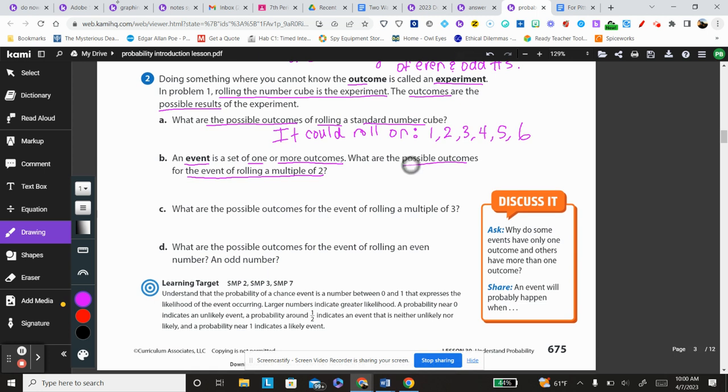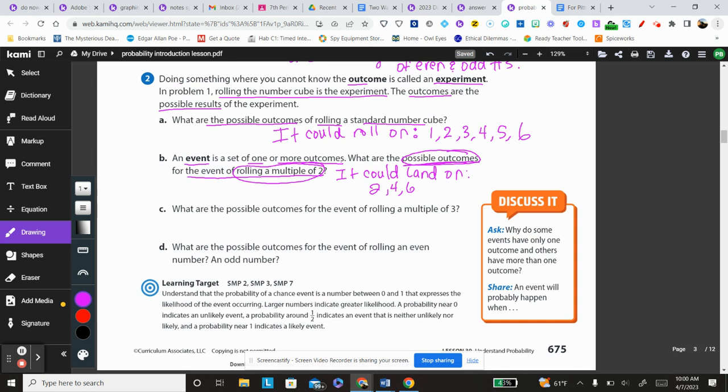In other words, how could you get a multiple of 2? It could land on 2, 4, and 6. These are the possible outcomes of this event.